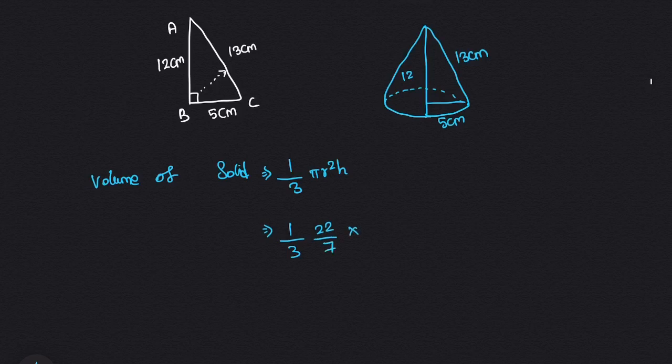R value is 5, so 5 square, then h is equal to 12. After cancelling, it will be 4 times, then after simplifying, the final value is 314 centimeter cube.